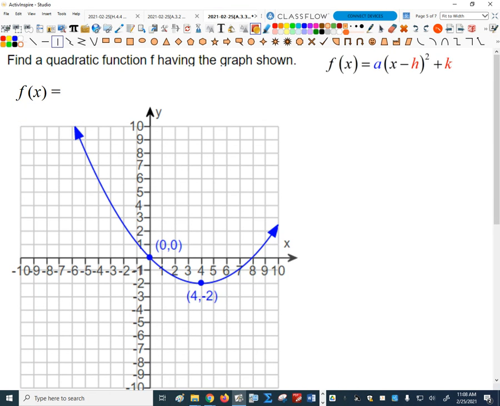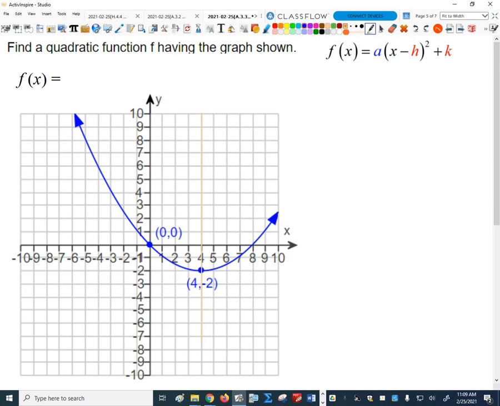So I'm going to draw our axis of symmetry in here. There's the axis of symmetry that goes through the vertex and splits this thing into two equal halves. The equation of that, if I want to write it down, is x equals 4, right?